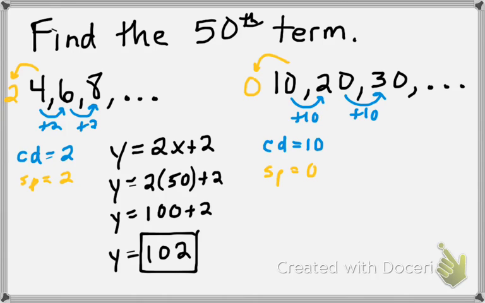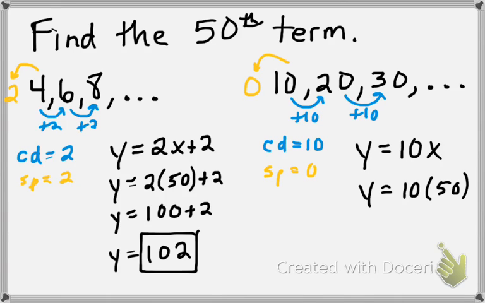So that makes my equation, y equals 10x plus 0, which I don't really have to write. Okay, so then I plug in, since I'm looking for the 50th term, I plug in the 50 for the x, and I get y equals 500. So the 50th term would be 500.